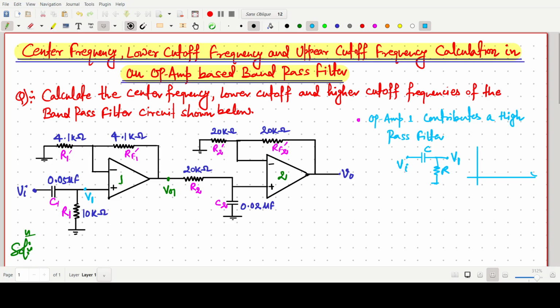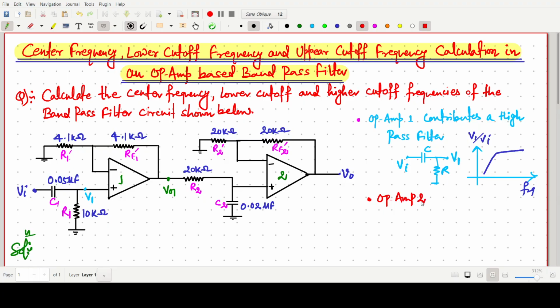If we draw the gain V1 upon Vi with frequency, it will be a first order high pass filter. So op-amp 1 contributes the high pass, and one high pass and one low pass connected in cascade manner make the band pass filter.